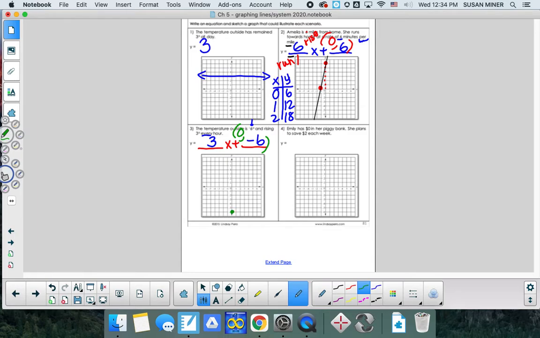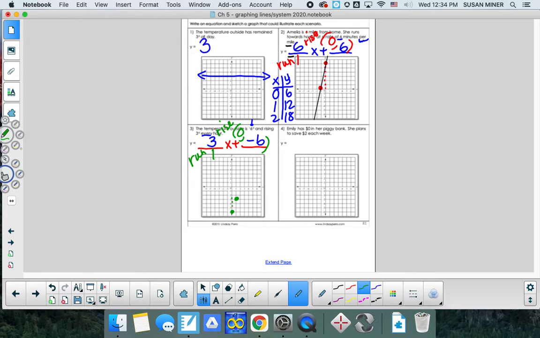And then it's rising 3 degrees every hour. Remember, if I have a whole numbered slope, I always put a 1 underneath it. This will be my rise. This will be my run down here. And I'm going to rise 3. 1, 2, 3. Run 1. Put a point right there. And if I want some additional points on my graph, I can just keep counting my slope from each new point.